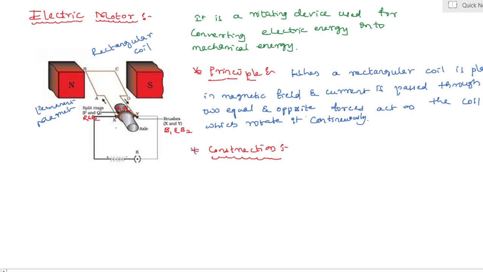Why? Because every half rotation, the current is reversed in the coil. That's why R1 and R2 are termed here as a split ring. Yes, let us see how our electric motor is constructed here.